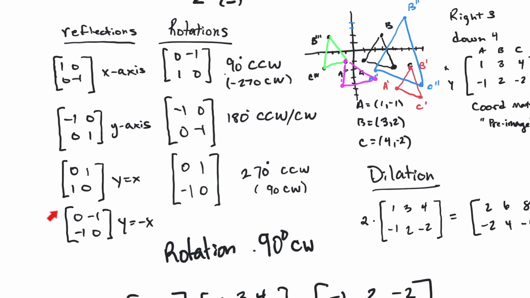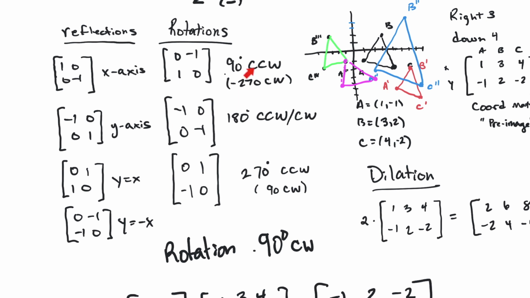Each of these matrices is what you need to know in order to do the reflection or the rotation. Notice here, this matrix will rotate an object 90 degrees counterclockwise, or negative 270 degrees clockwise.